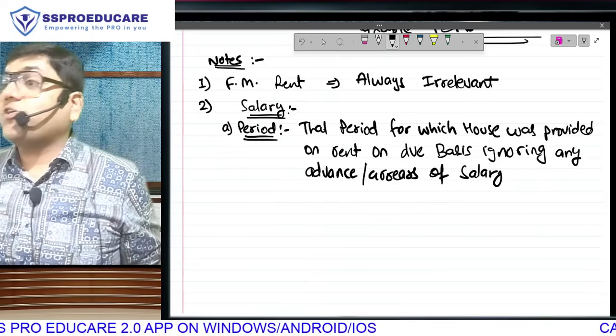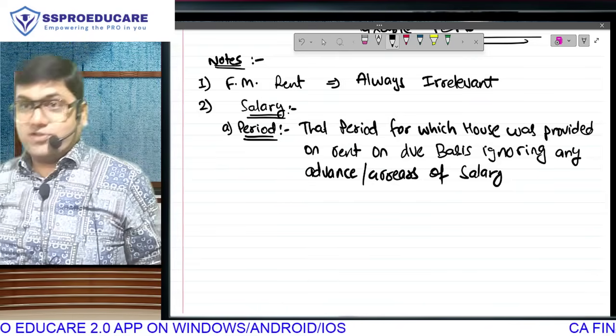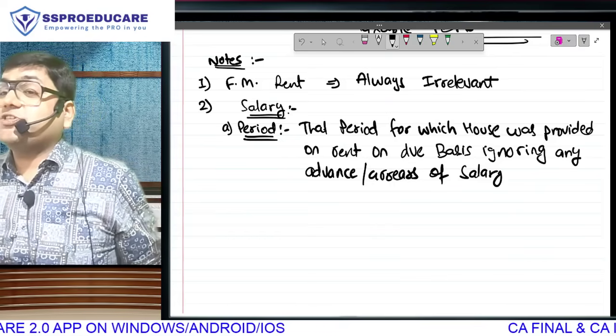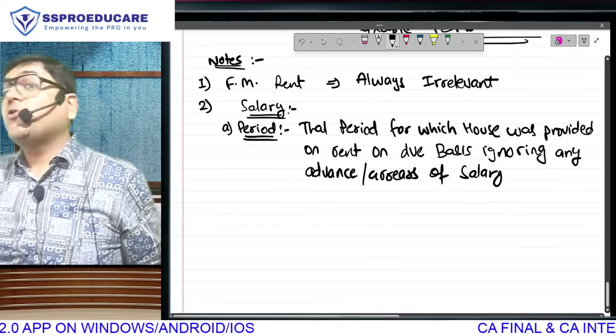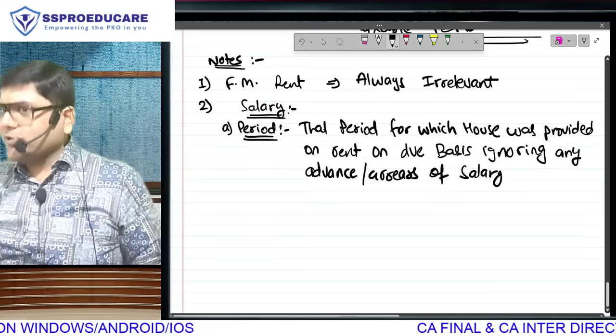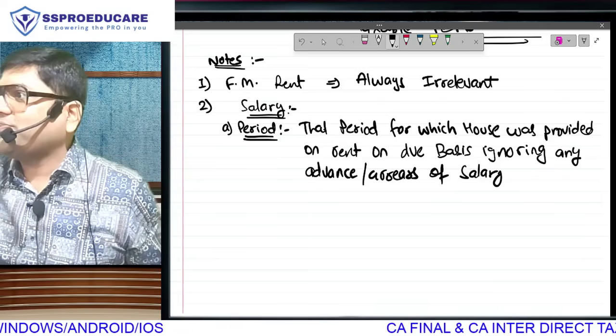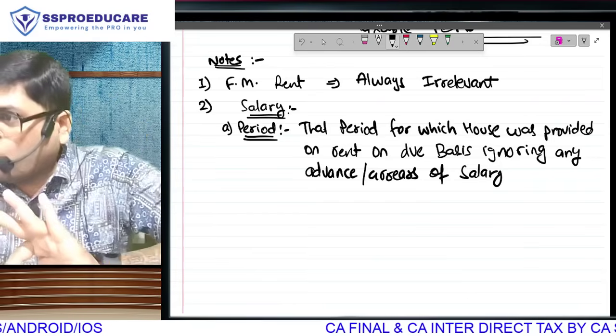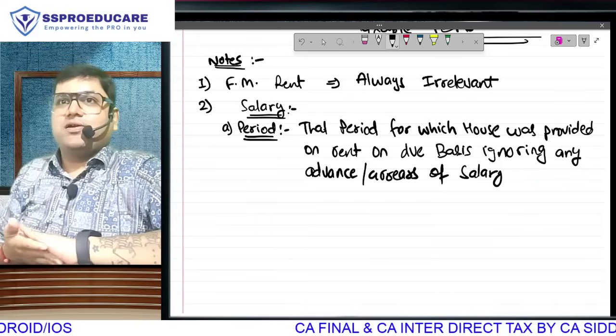Boss gave you house for 6 months, then take salary of 6 months. Boss gave you house for 6 months, which is April to September. So you will take salary of those 6 months. You can't take any 6 months. Did I also discuss with you about alternate months? So those alternate months means whichever month he gives you house, that month ka salary you will take.